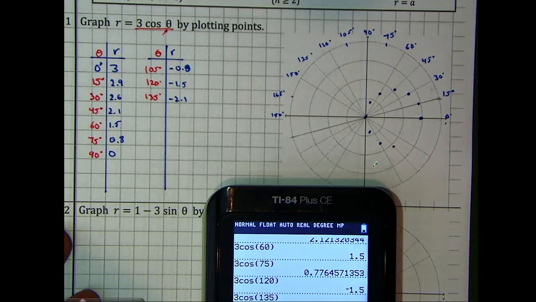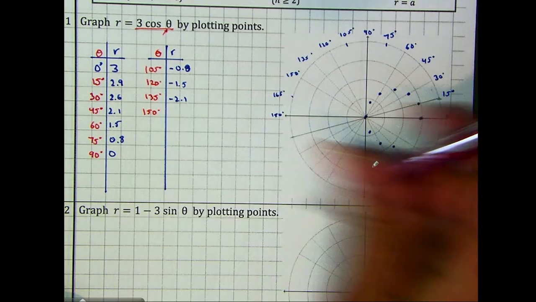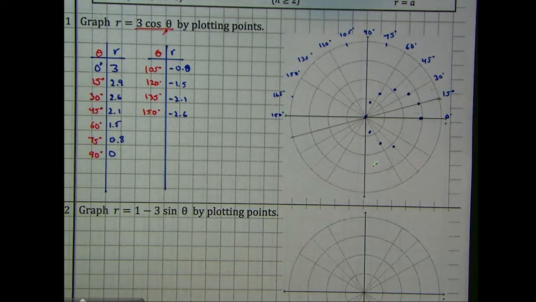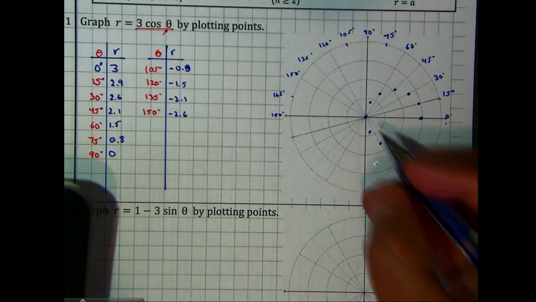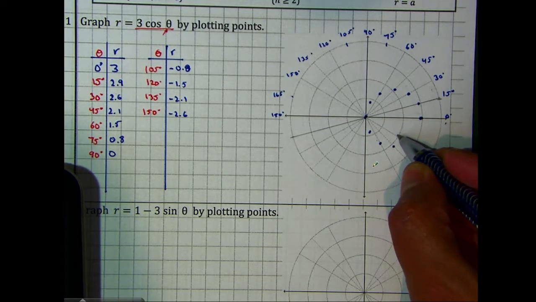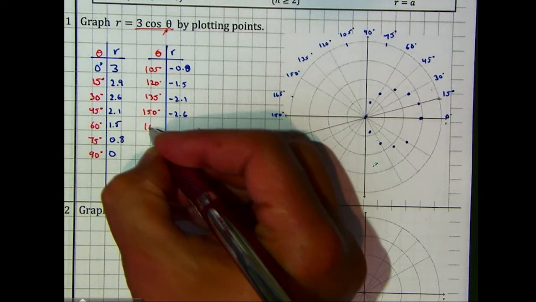And then just continue. Let's see, 3 cosine 150 will be negative 2.6. So 150 is here. So instead of going forward, I'm going to go backwards. Negative 1, negative 2.6. 165.